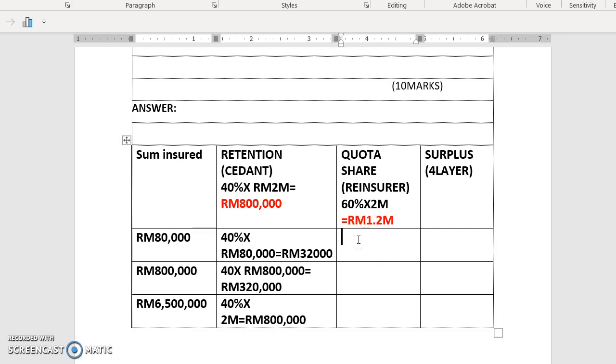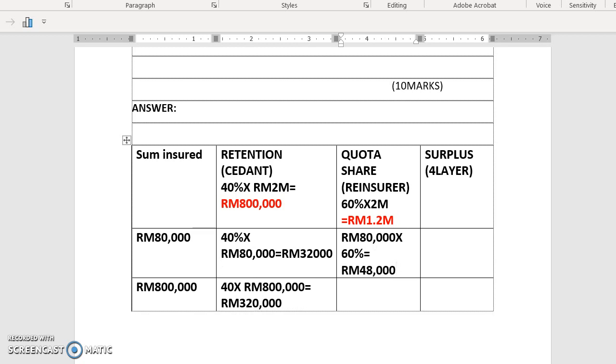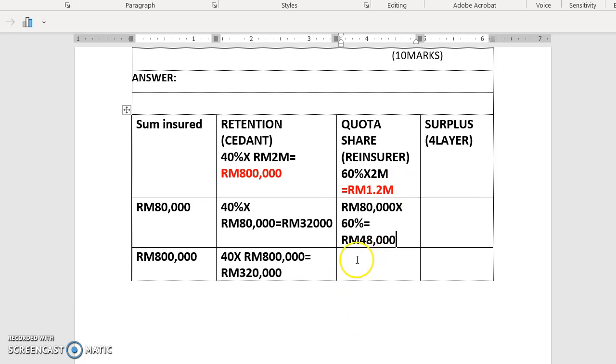So for the quota share, when the sum insured is 80,000, we have to times with the percentage for the reinsurer company, which is 60%, and the amount is 48,000.